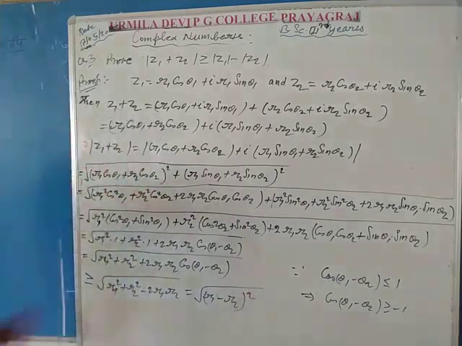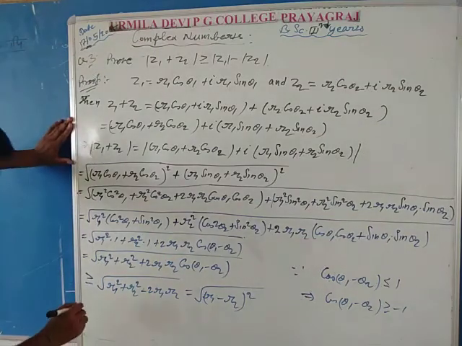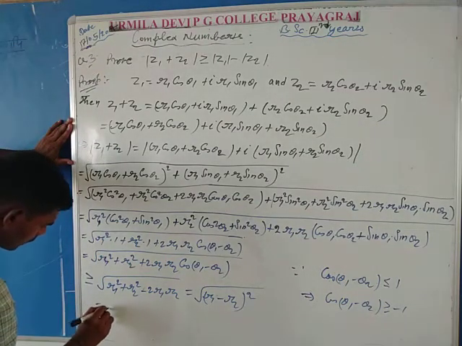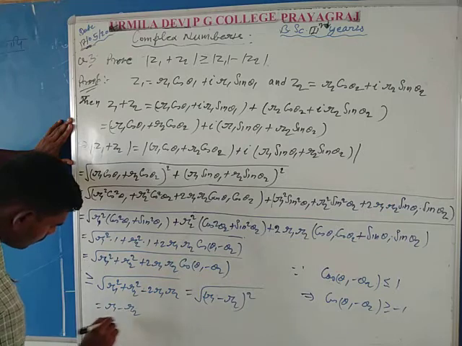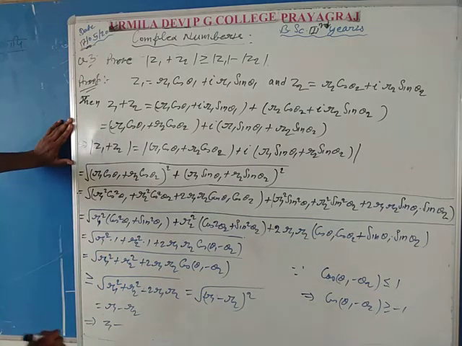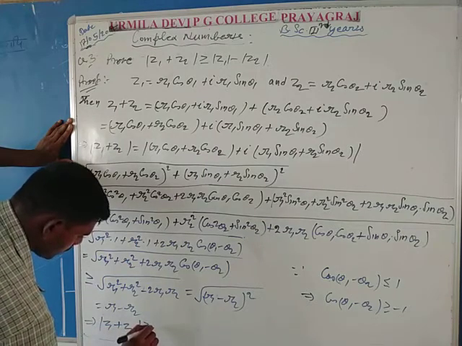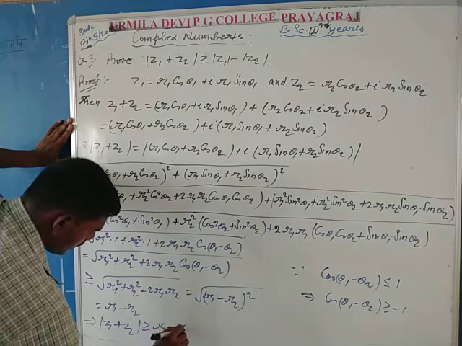Neglecting the square with the root, it implies that mod of Z1 plus Z2 is greater than or equal to R1 minus R2.